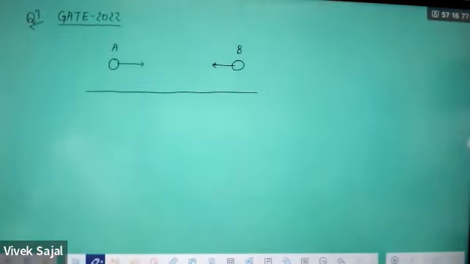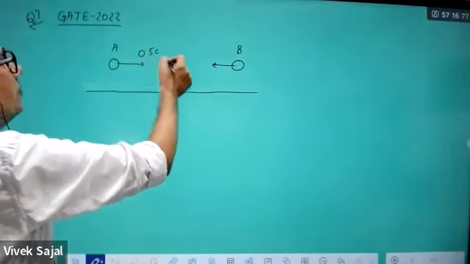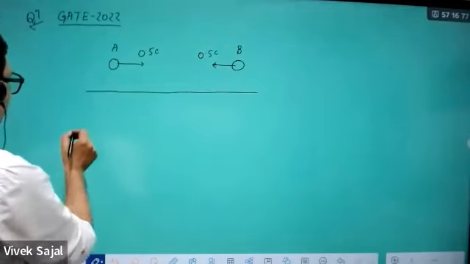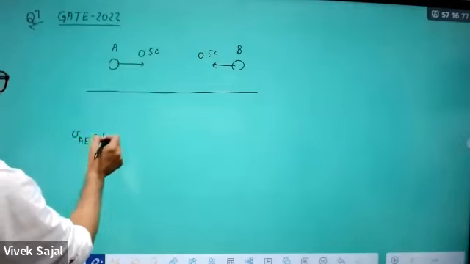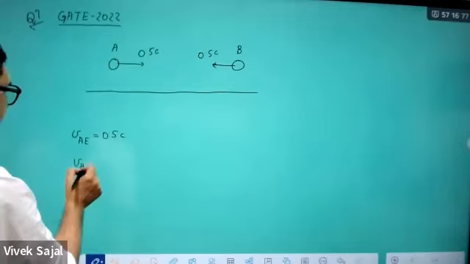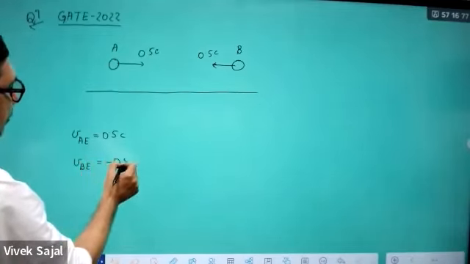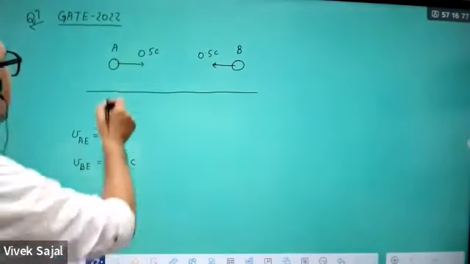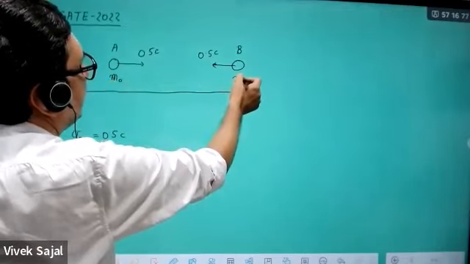They are having 0.5 c each. So the velocity of A with respect to Earth is 0.5 c, and the velocity of B with respect to Earth is minus 0.5 c. This is given to us. Their rest masses are m naught.